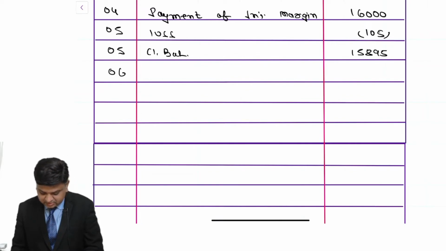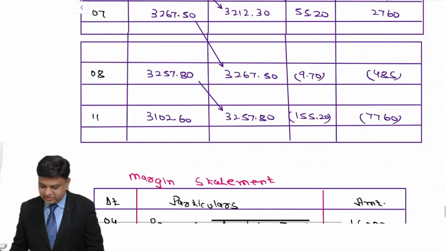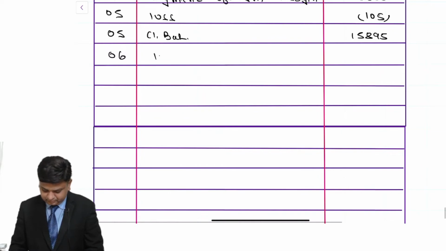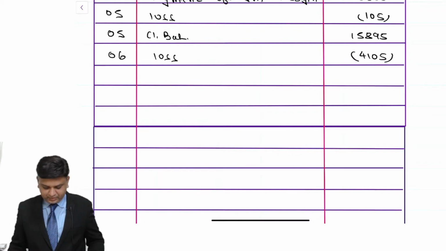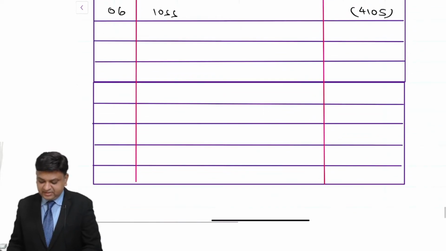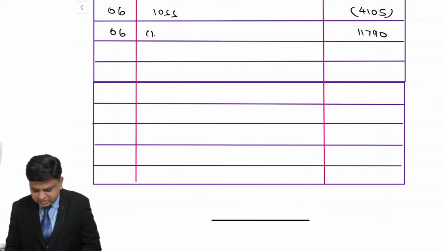On 6th, there is an amount of loss, once again 4105. So minus 4105. So the balance is 11,790. So this is a closing balance before margin call.